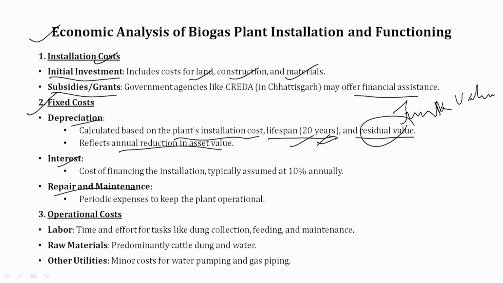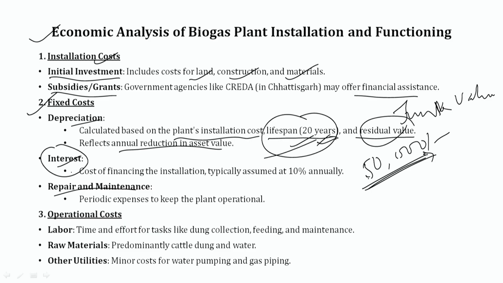If we consider that 50,000 rupees is the total cost of installation, and the life of the biogas plant is 20 years, then every year some part of this will be depleted, and the value of the plant will decrease as the years increase.